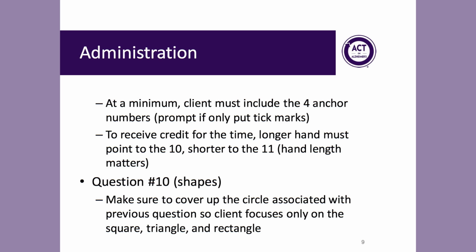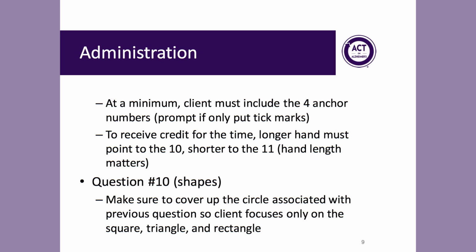If they only use tick numbers, make sure that you prompt them to include the actual numbers. In order to receive credit, the longer hand of the clock must point to the 10, and the shorter hand must point to the 11. Unlike the mini-cog, hand length is something that is incorporated into scoring on the SLUMS.